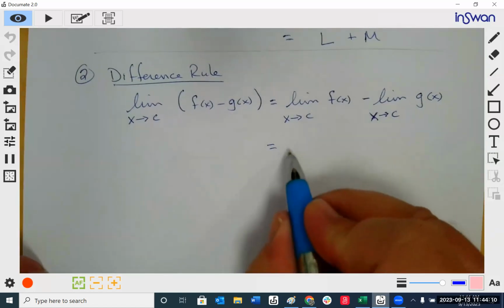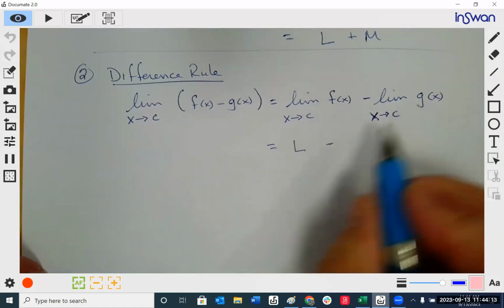So what's the limit of f of x? L. The limit of g of x is M.